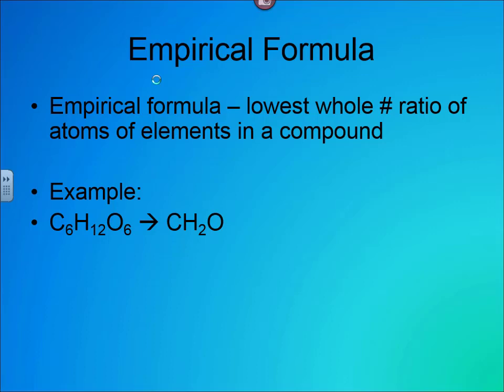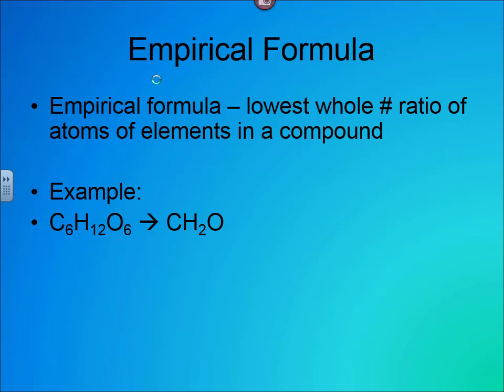Because if you took a compound like glucose, maybe something you learned about in biology, C6H12O6, that's glucose. It's a kind of sugar. This is the energy that your body runs on for the most part. 6 and 12 can reduce.